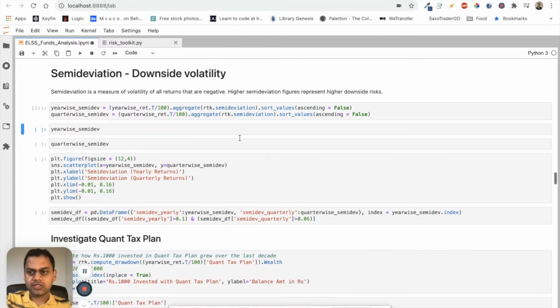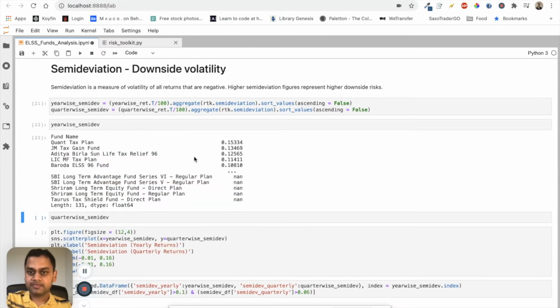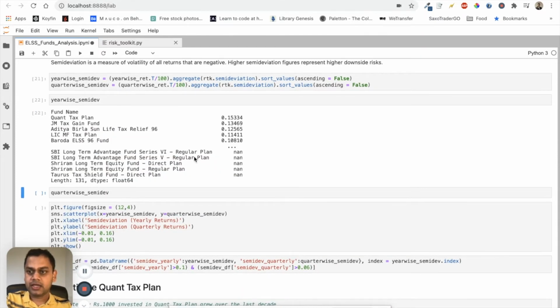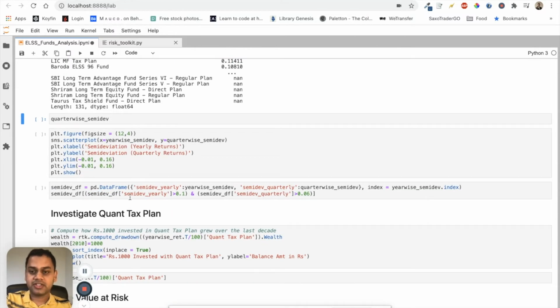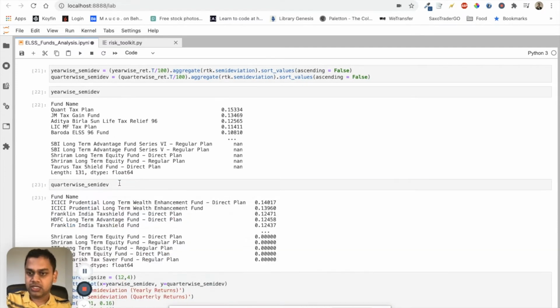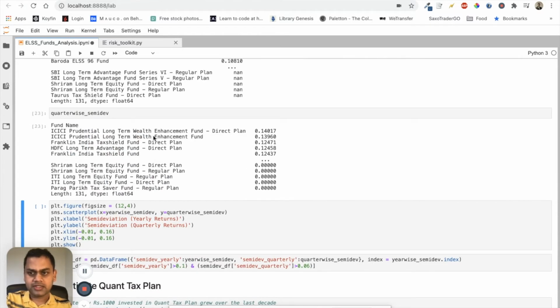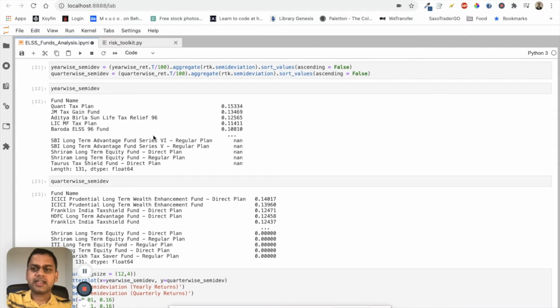So we do the same. We use the yearly data as well as the quarterly data to calculate it, and we can see the Quantax plan comes up again. We will investigate the Quantax plan here, but some of the other funds which have higher downside volatility are on that list, and these are based on quarterly data. This calculation only serves the purpose of looking at funds which are risky.